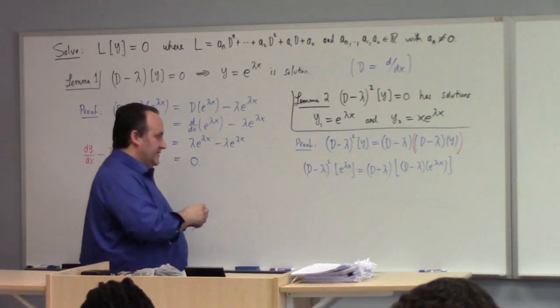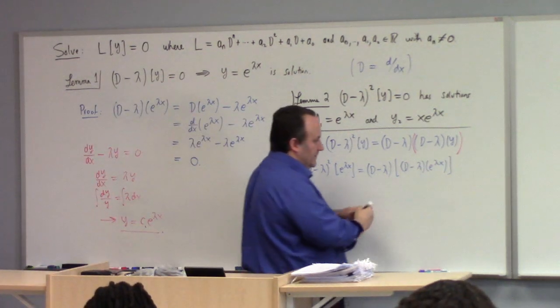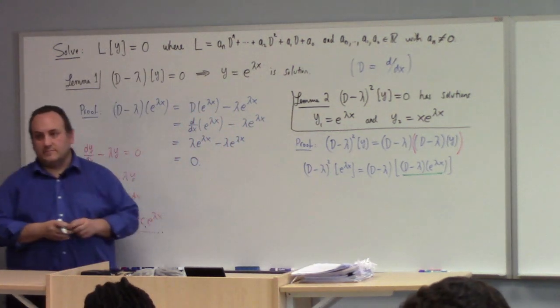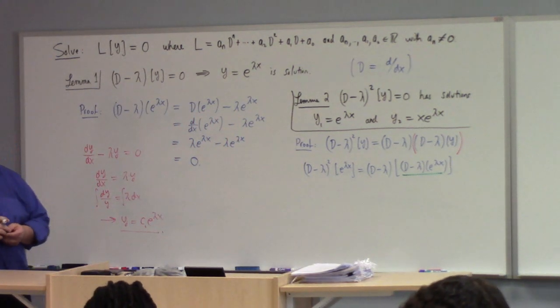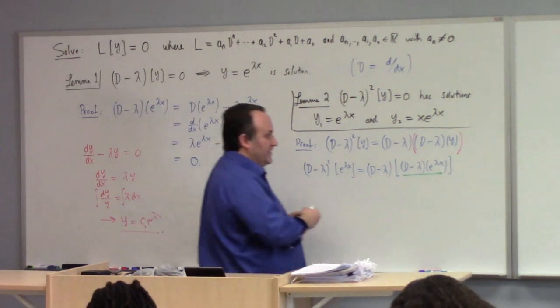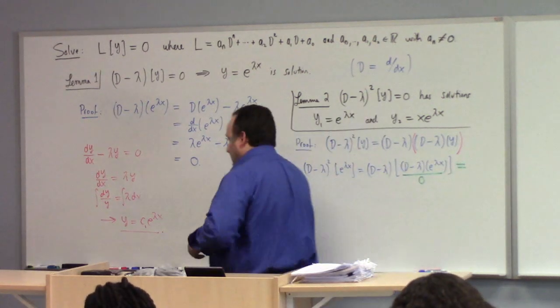What's going on with the thing in the square brackets there that I'm about to underline in green? What is that? That's 0. By lemma 1, right?